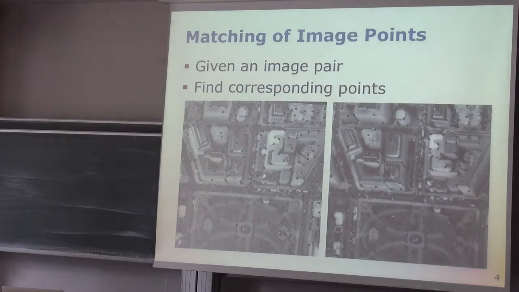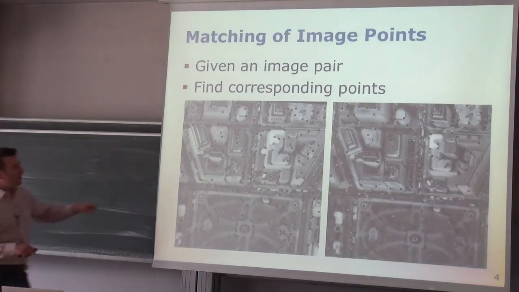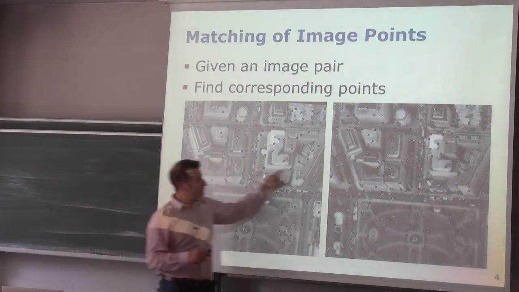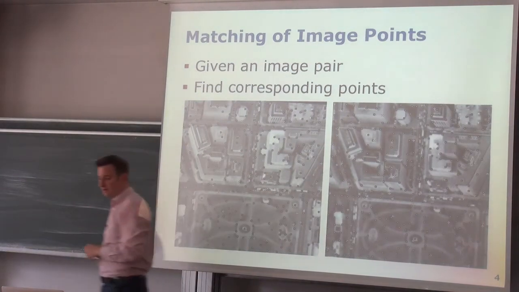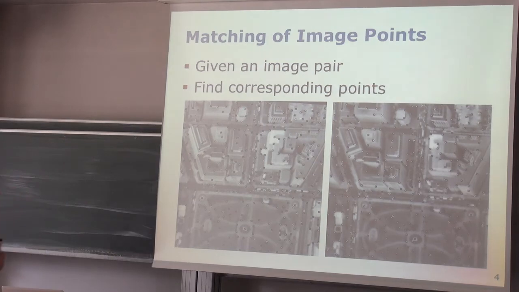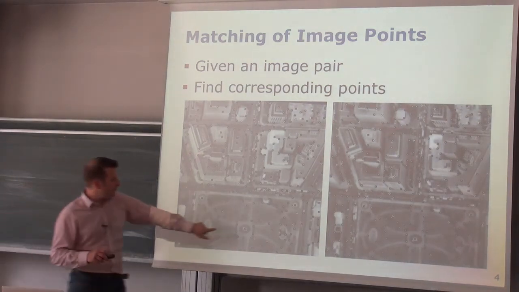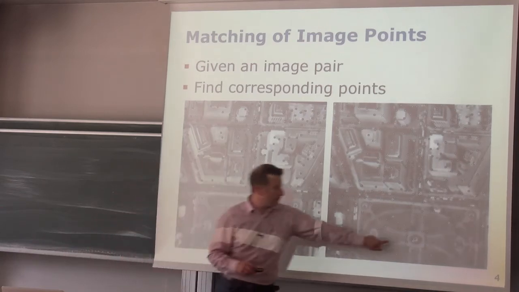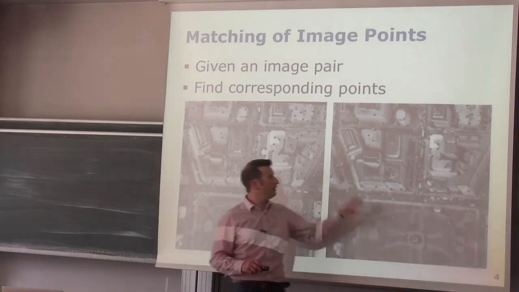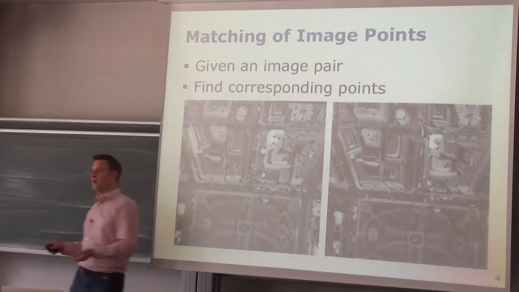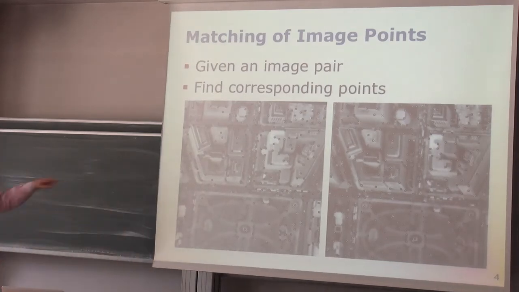This was an example of two aerial images where some special points, which we will come to during the course, are highlighted, and what we want are corresponding points. If we know that this pixel over here corresponds exactly to this pixel over here, and I have some information of where those images have been taken, I can estimate the 3D location of the object in the scene.